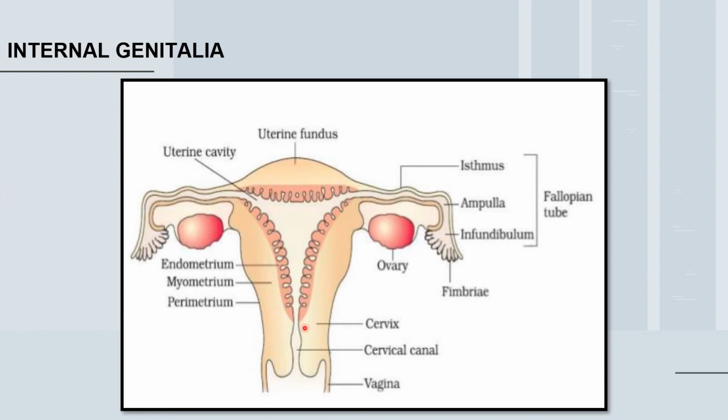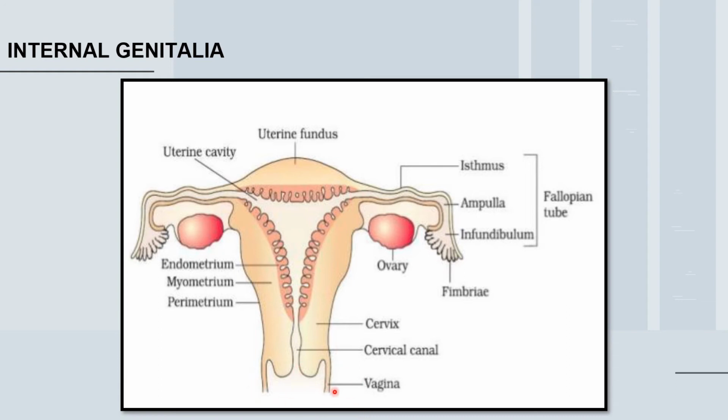Then the next part of the internal female genitalia refers to vagina. Vagina is a thin-walled, highly distensible fibromuscular tube. It is considered to be thin-walled because the epithelial tissue which makes up the vagina internally is a very thin layer, and it is highly distensible, meaning it has a very good stretching capacity, and it is a fibromuscular tube, meaning made up of fibrous structures, and it would also have muscular tissue which would make the vagina muscular.